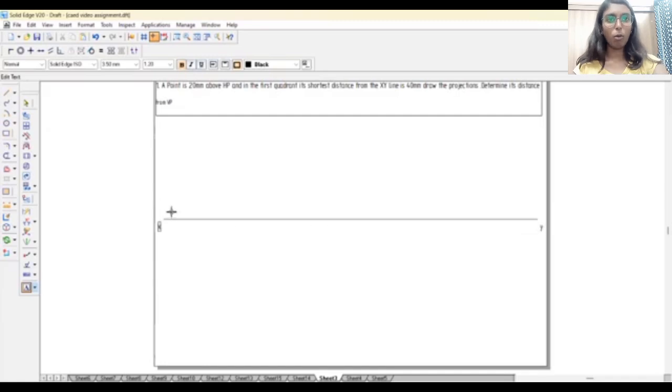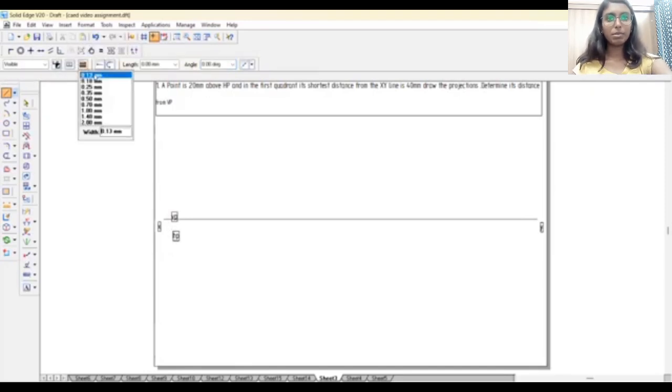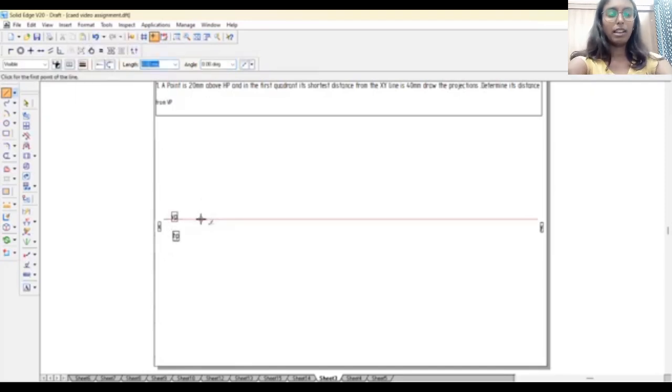Now go to text box and press XY line. Type X and Y, and VP above the line and HP below the line.